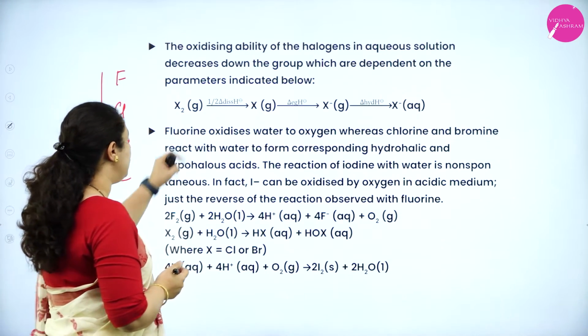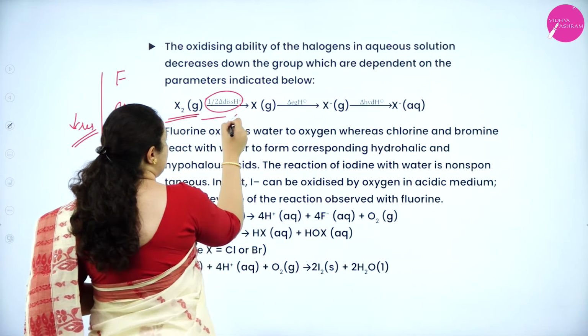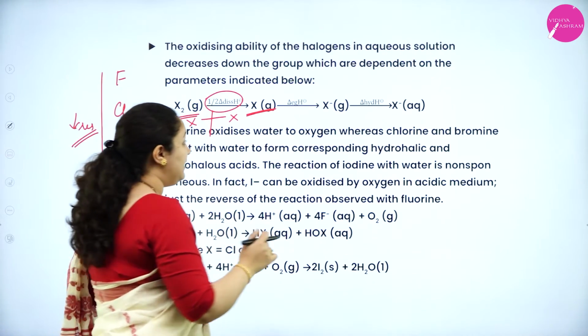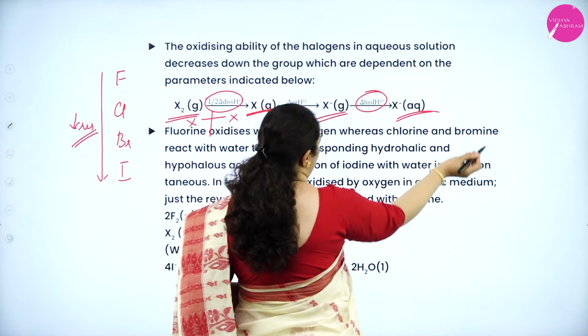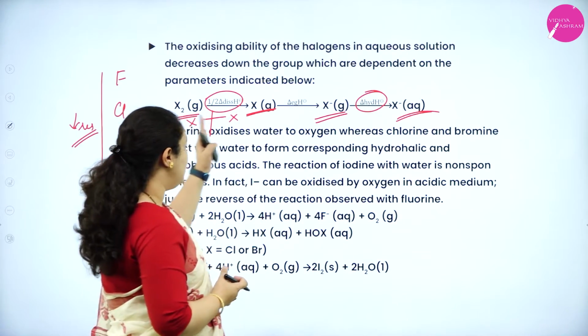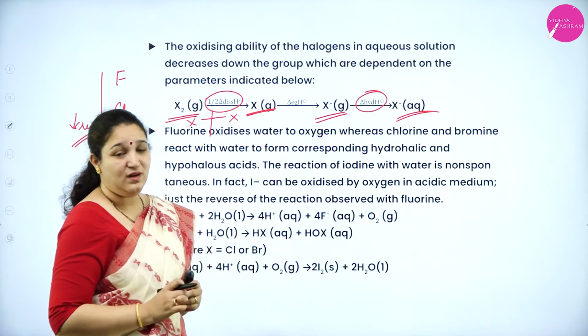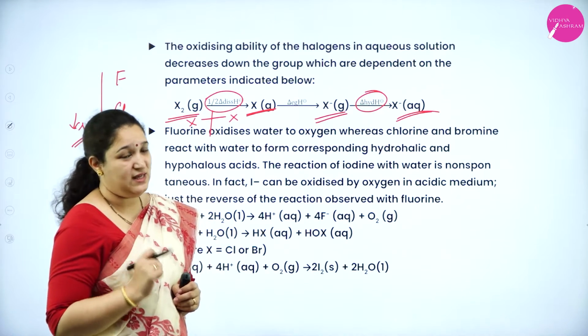First it is in the gaseous state, the X-X bond has to be broken to form an atom, then it has to take up an electron, then water of hydration, it goes to the aqueous state. So here a lot of energy is required, thus it is decreasing as we come down the group. That is the oxidizing ability.